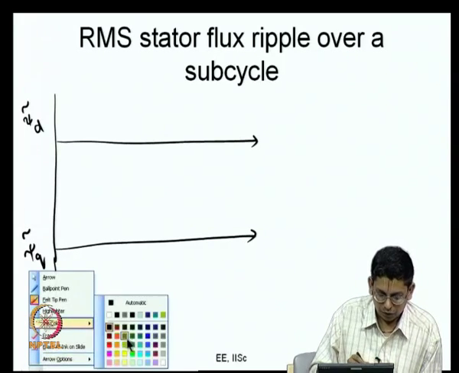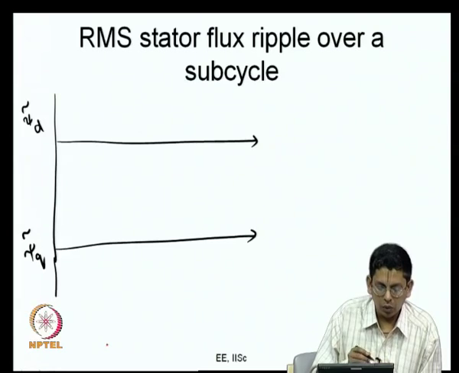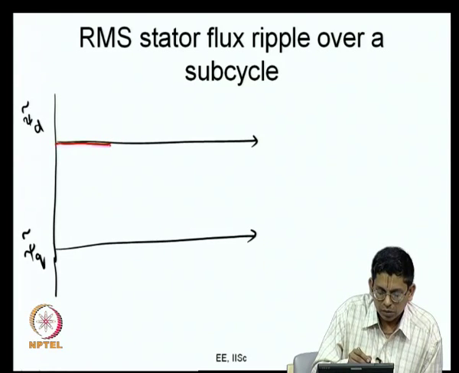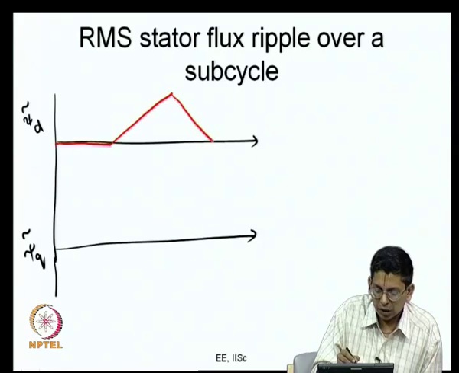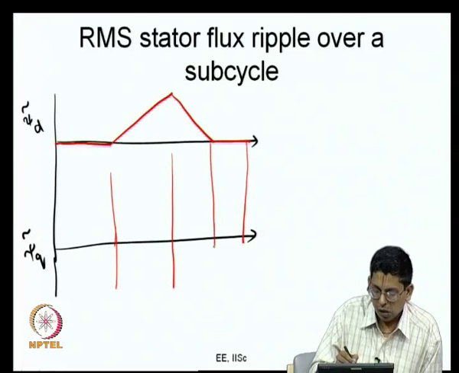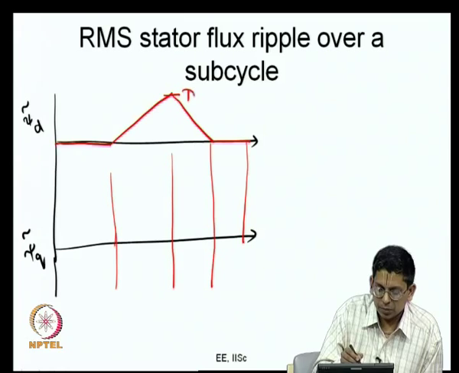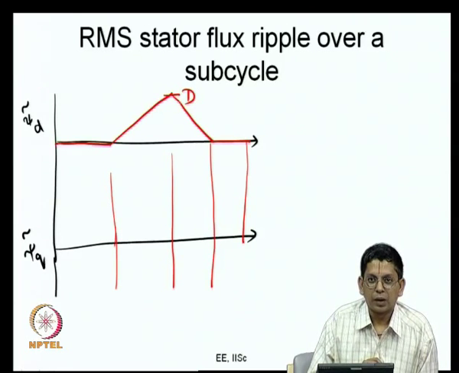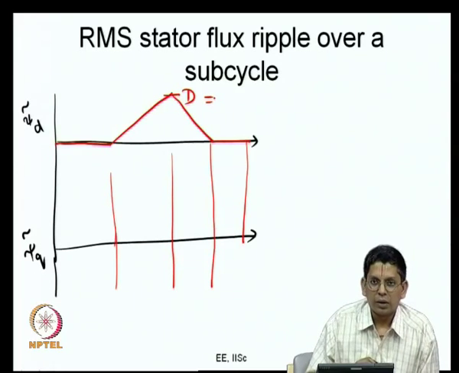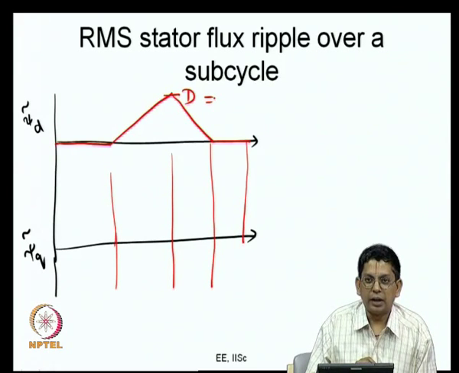So, let me just choose a different color. Now, this was the nature of my d axis ripple, and this is some capital D. And what is this capital D? This is actually the d axis error.